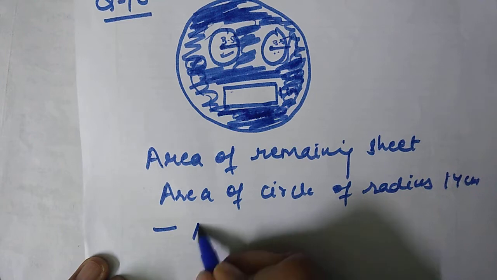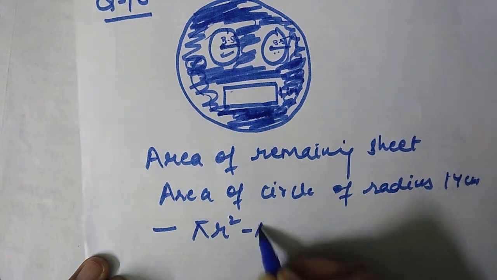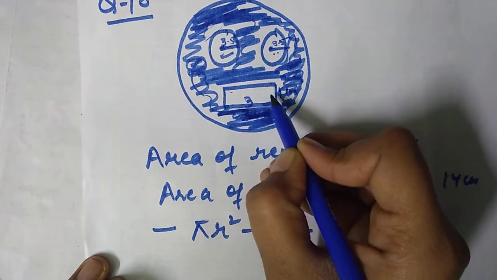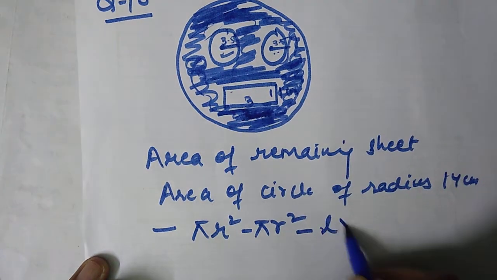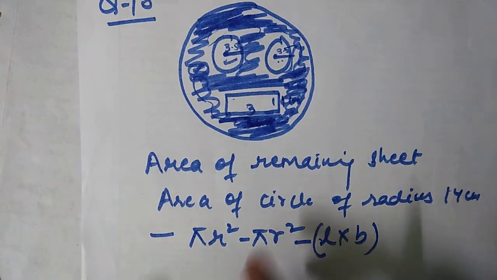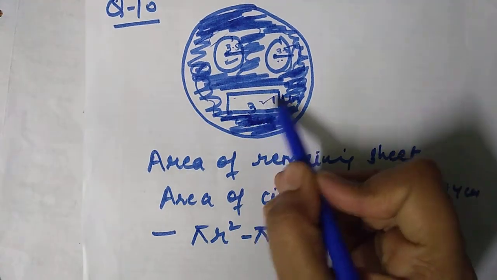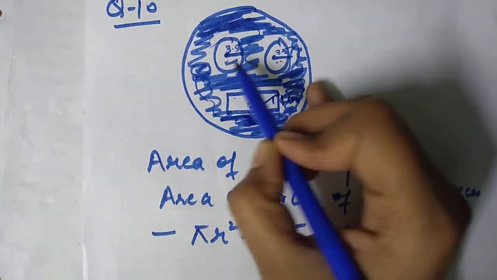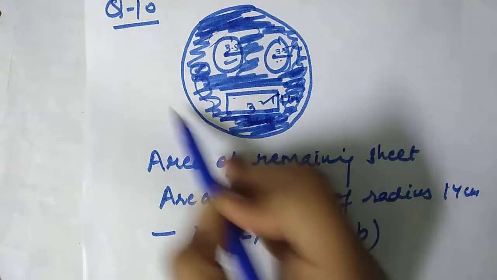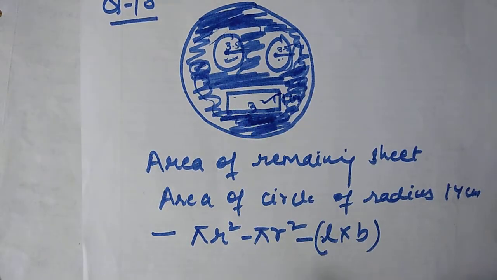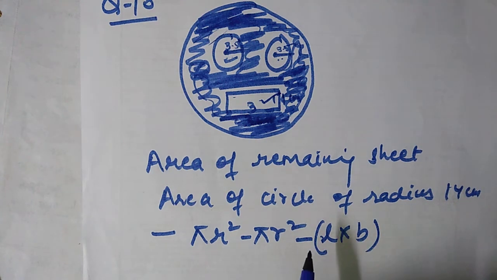So minus pi r square and minus, if this is 3, this is 1, so length into breadth. Okay, what I have done, I have just subtracted the area of this rectangle and the area of these two circles from this bigger circle. Okay, you will get the area of the remaining sheet.